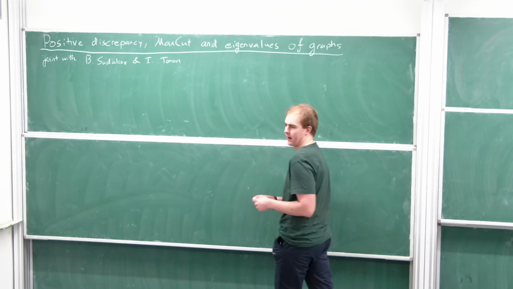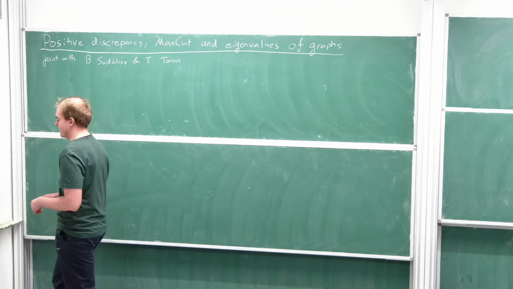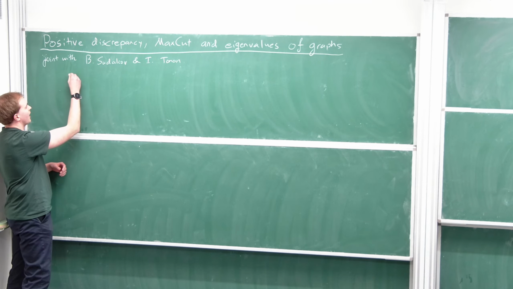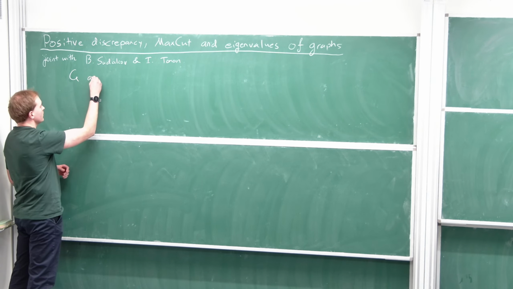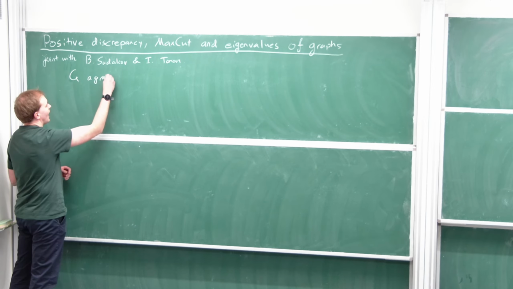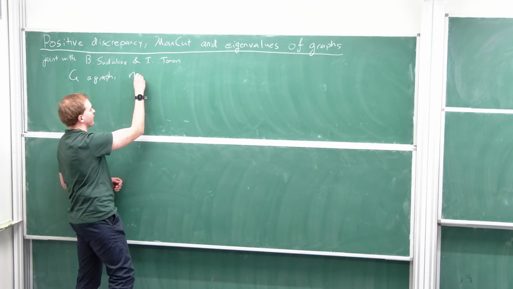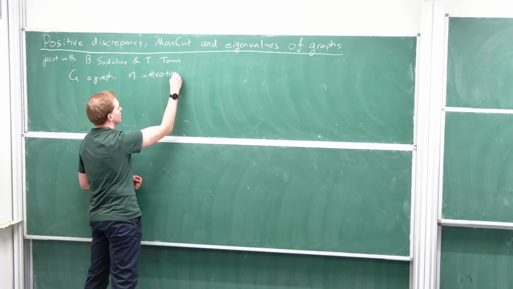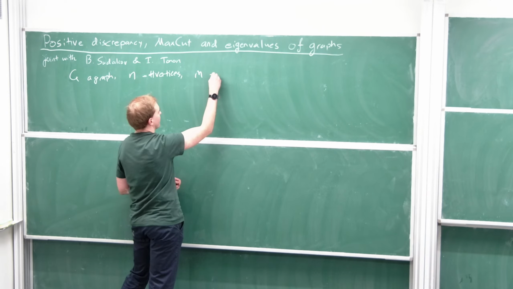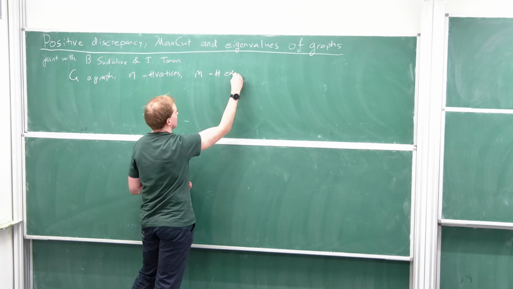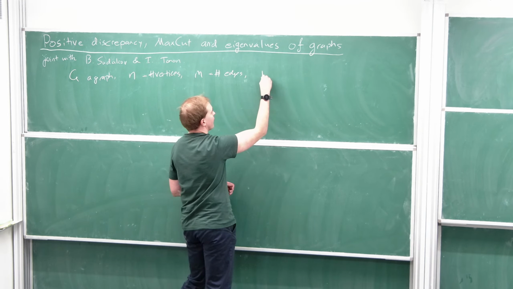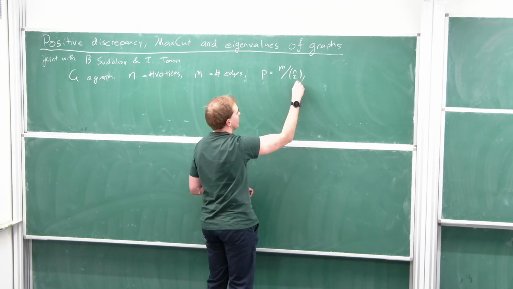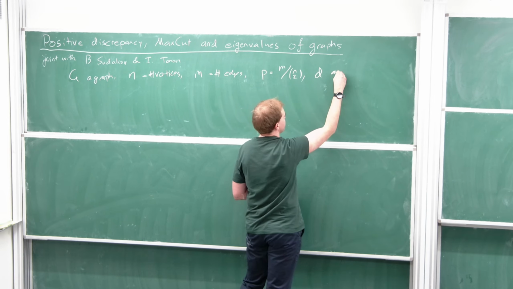So let me start defining what this graph discrepancy actually is. Given a graph G, I'll write n for the number of vertices, m for the number of edges, p for its edge density, so m divided by n choose 2, and d is the average degree.